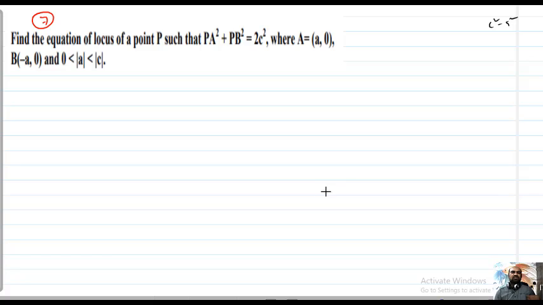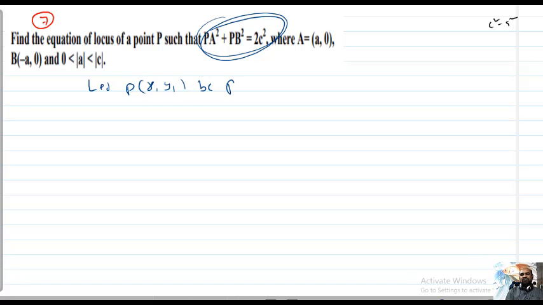Yeah, another difficult problem, the 7th problem. Find the equation of locus of P such that P is moving under this condition. So let P(x1, y1) be a point on the required locus. Okay, so I want that condition first.